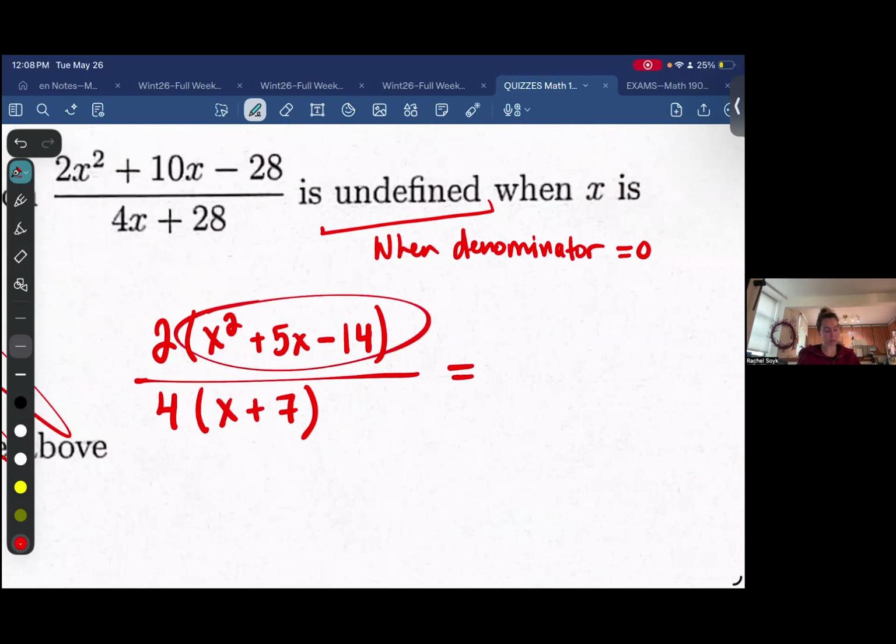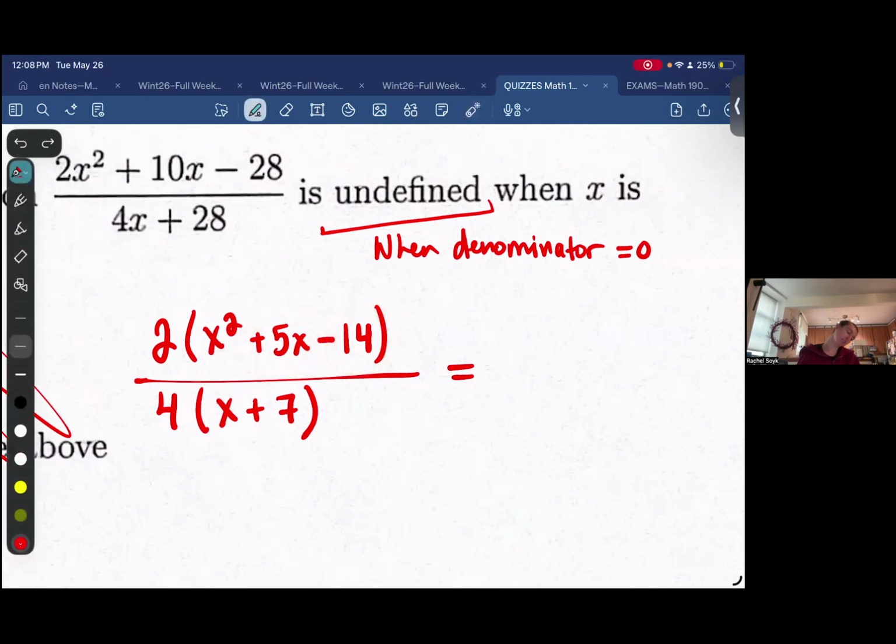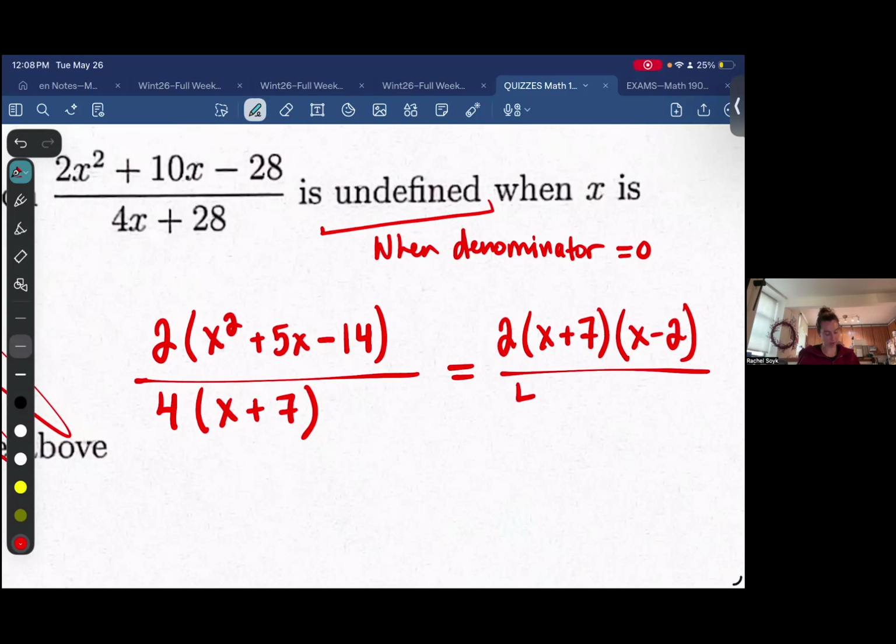That trinomial in the numerator, what are factor pairs of 14 or negative 14 that add to positive 5? We have positive 7 and negative 2. So we can write this as x plus 7, x minus 2, all divided by 4 over x plus 7.